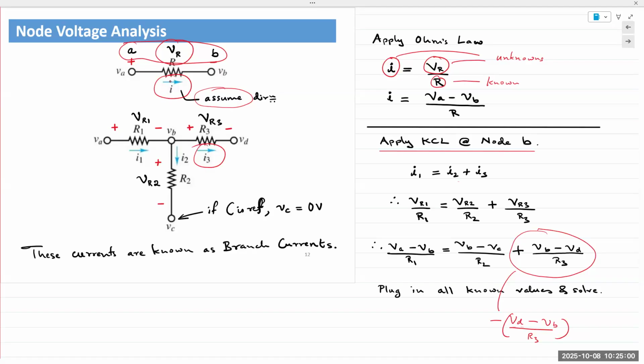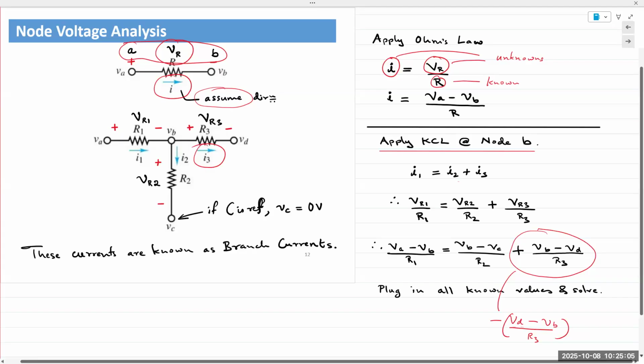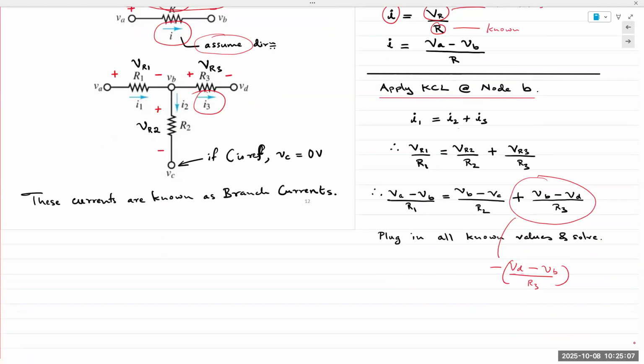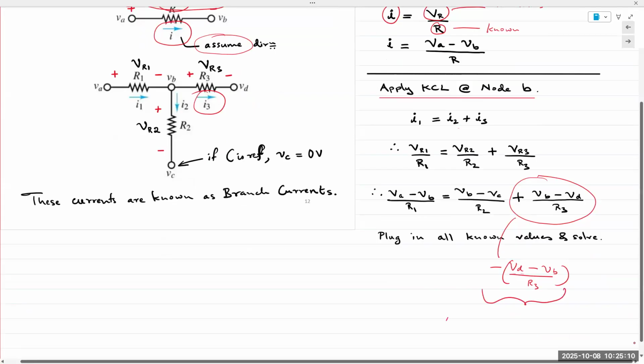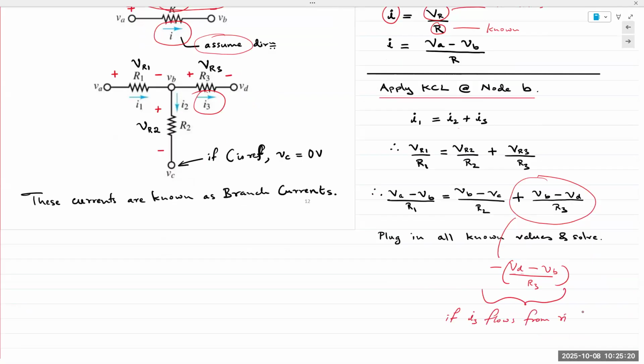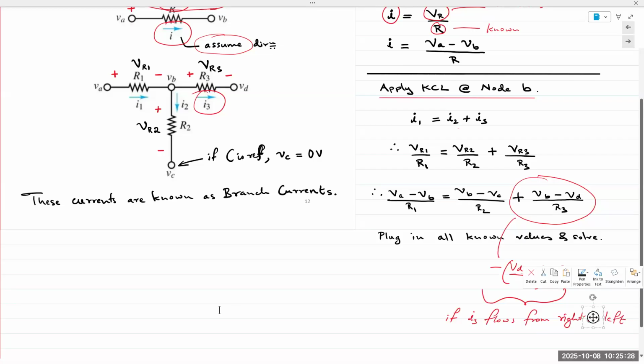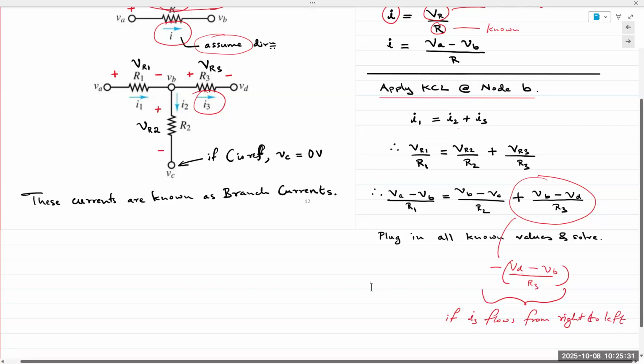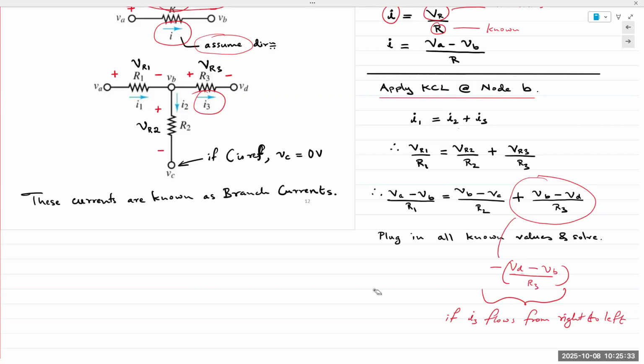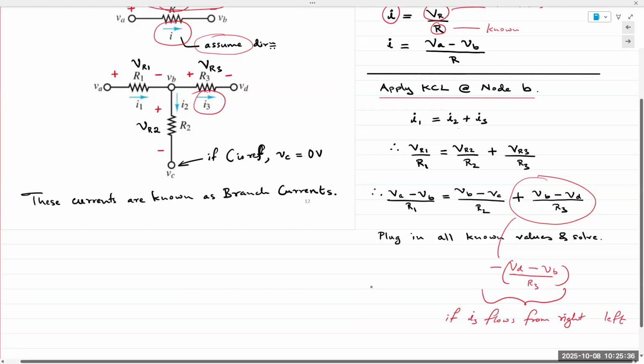But the final equation would not change. So this is if the I3 direction was opposite to what is shown, meaning it's going from right to left. Okay, let's take a pause and then let me know if you have any questions.